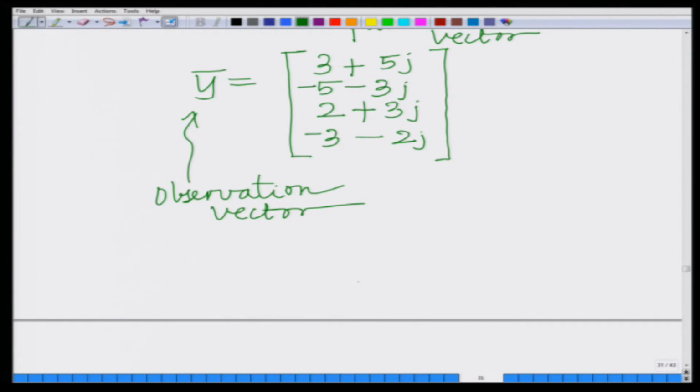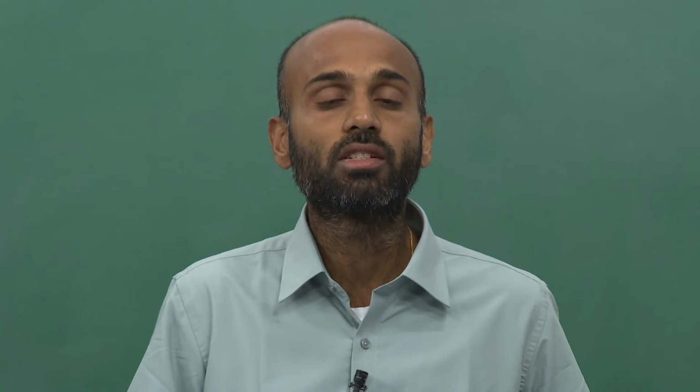And now, we have the transmitted pilot vector x bar and the observation vector y bar. Notice that both these vectors have complex entries, therefore they are complex in nature. Therefore, the scenario that we are considering is the estimation of a complex baseband channel coefficient. Remember, the framework that we have developed can also be extended to a realistic scenario where the channel coefficient h is a complex quantity.